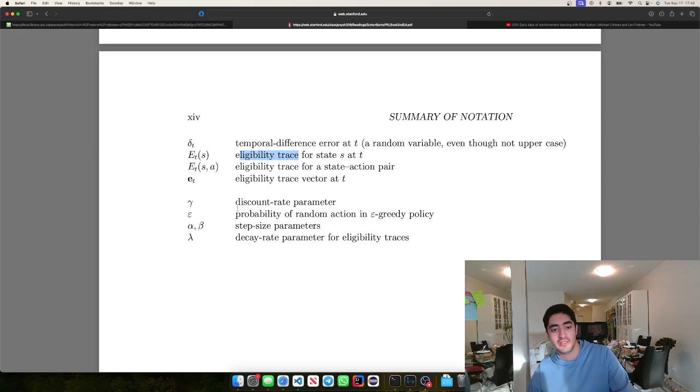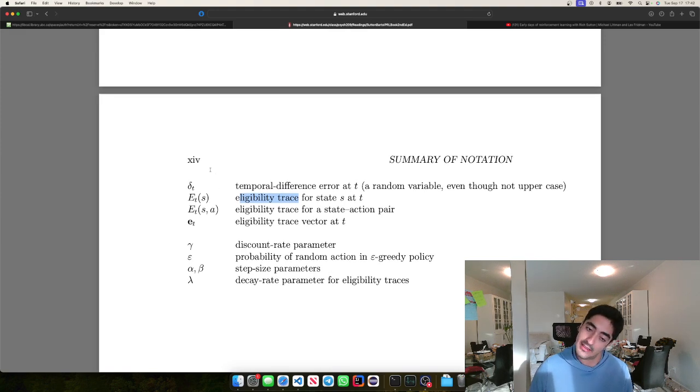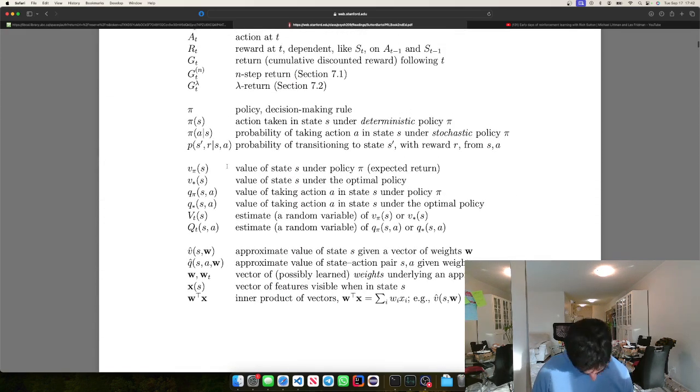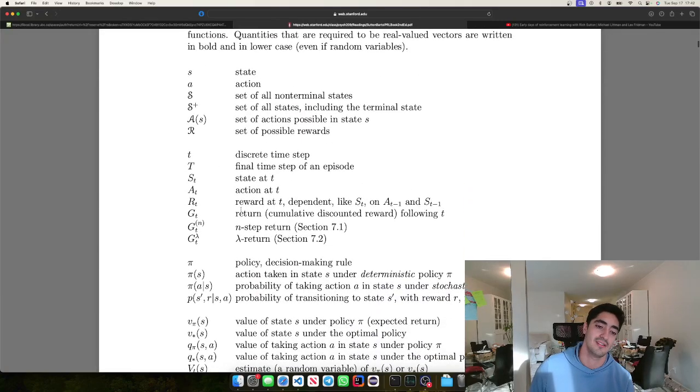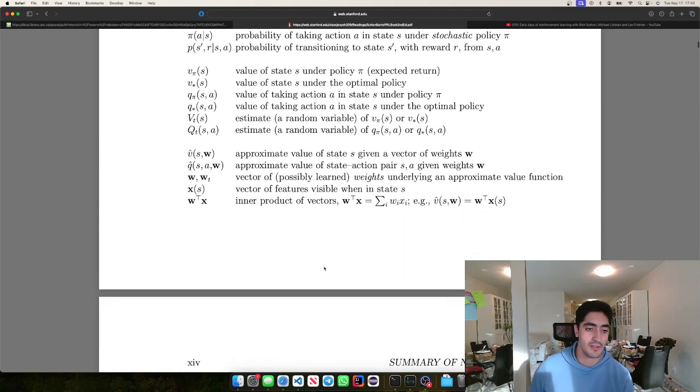Discount rate parameter. Probability of random action in epsilon-greedy. And t, it is probably the number of steps that you can think of, because it says discrete time step, so that kind of makes sense.